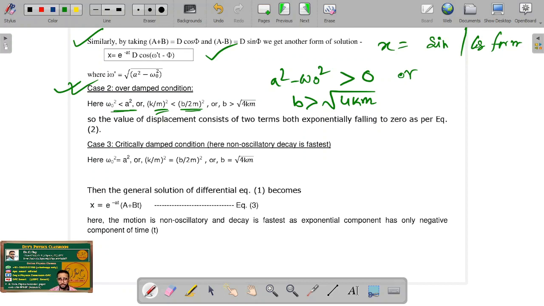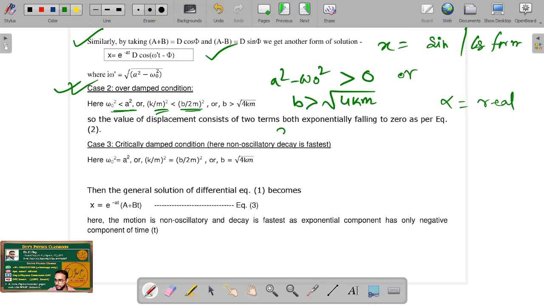So for overdamped condition, the equation of motion would be as per equation 1 as shown earlier. That means it will consist of two exponential terms, both will fall to 0. So for overdamping case, the roots would be unequal, the value of alpha would be real. So the equation for displacement would be as per equation 2 as discussed earlier.